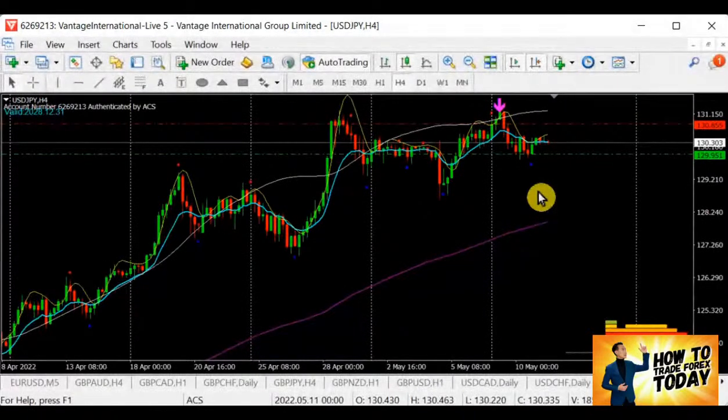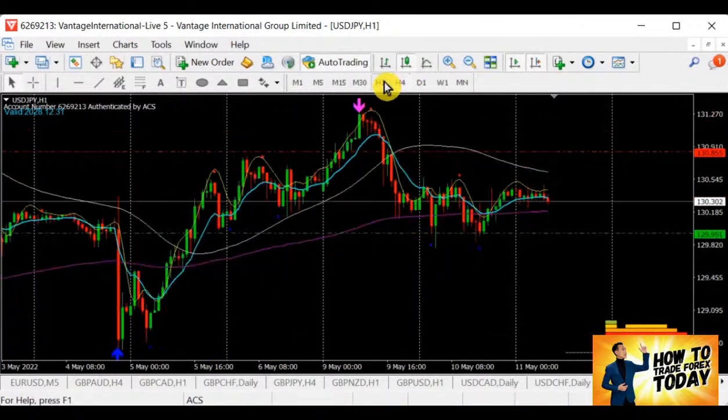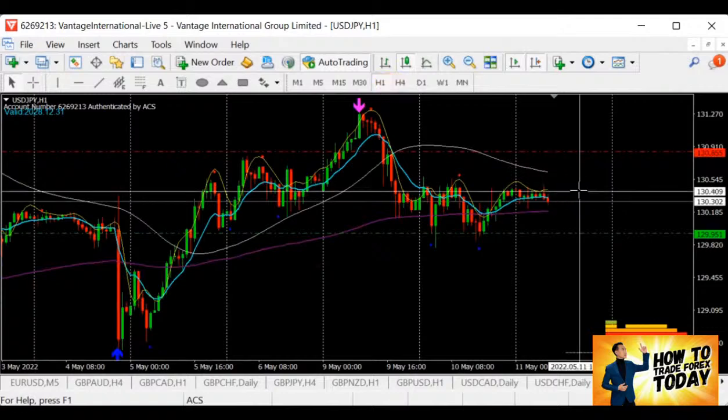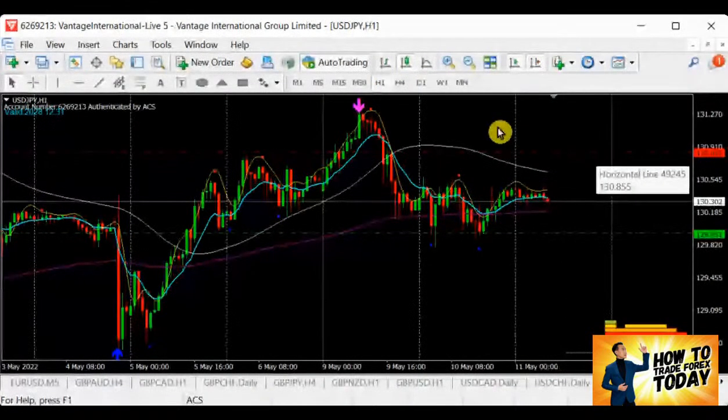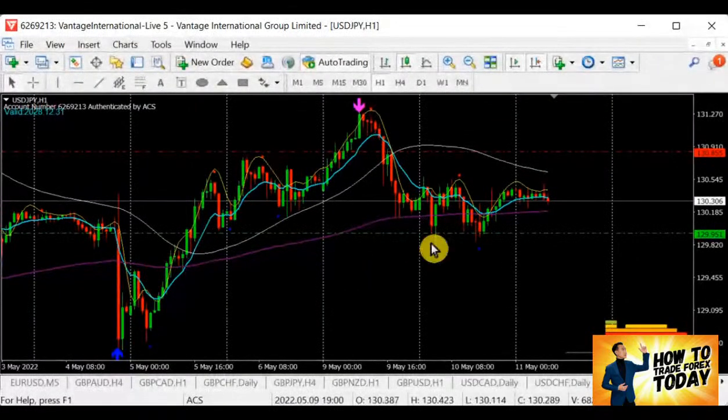In this case, as for dollar yen, I would suggest a buy. So let's wait for it to form a new buying cycle. Then you can continue to buy because you have quite a good space of 60 pips. So I guess this is pretty good. Okay, so that's for dollar yen.